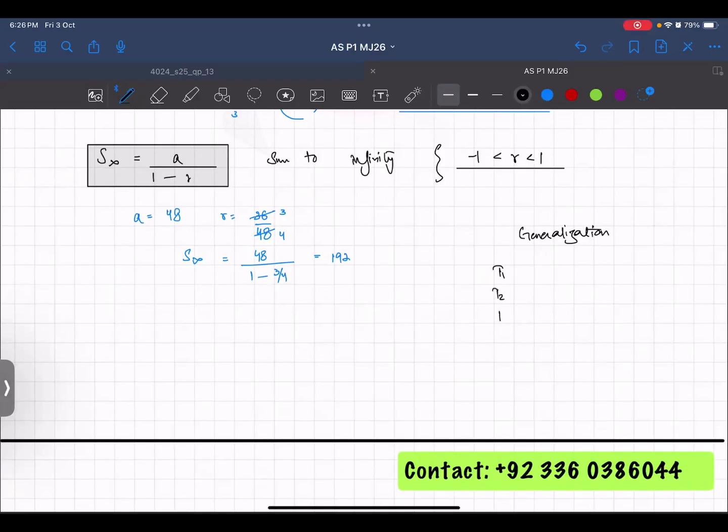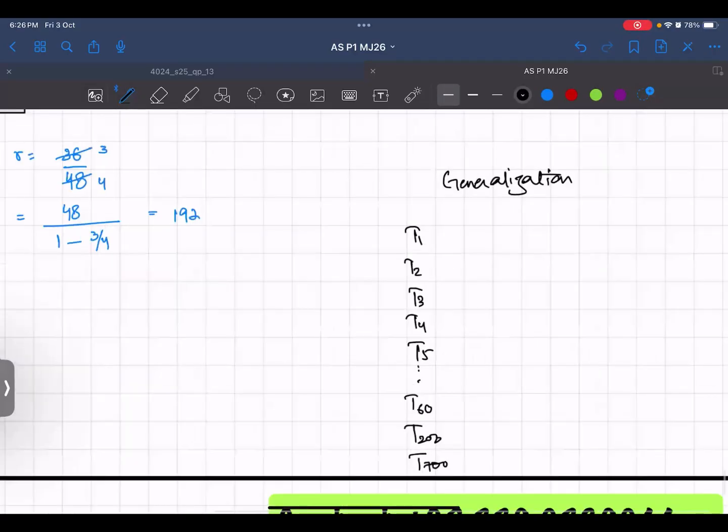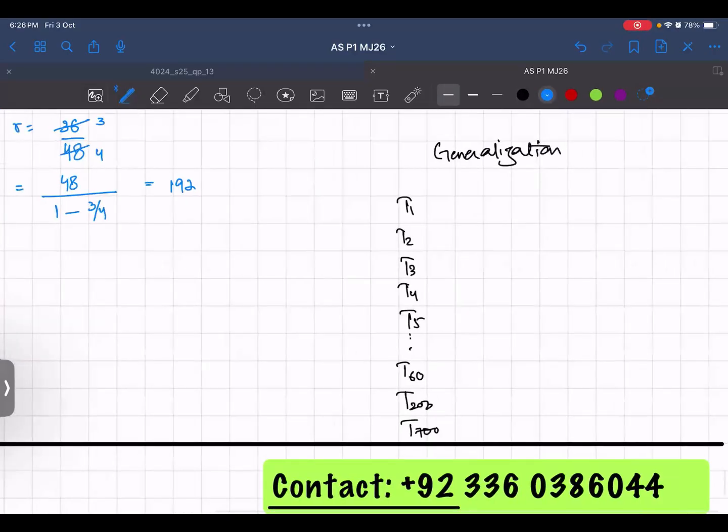T1, T2, T3, T4, T5. Similarly, if you have T60 or T200 or T700, anything, look how your formula changes.